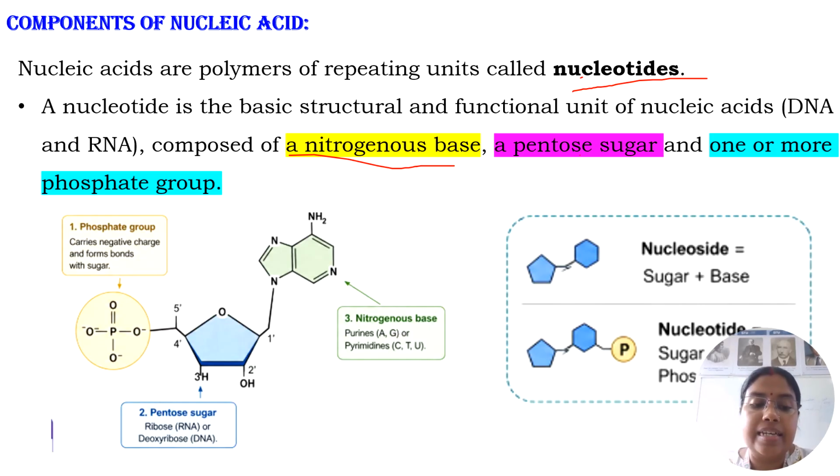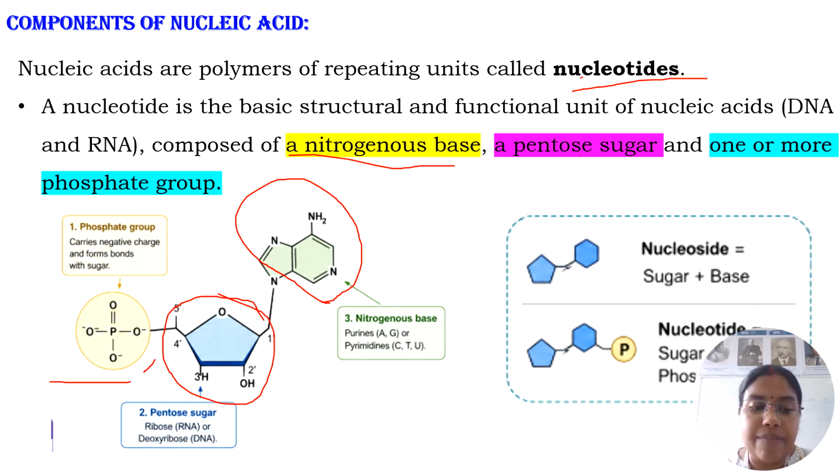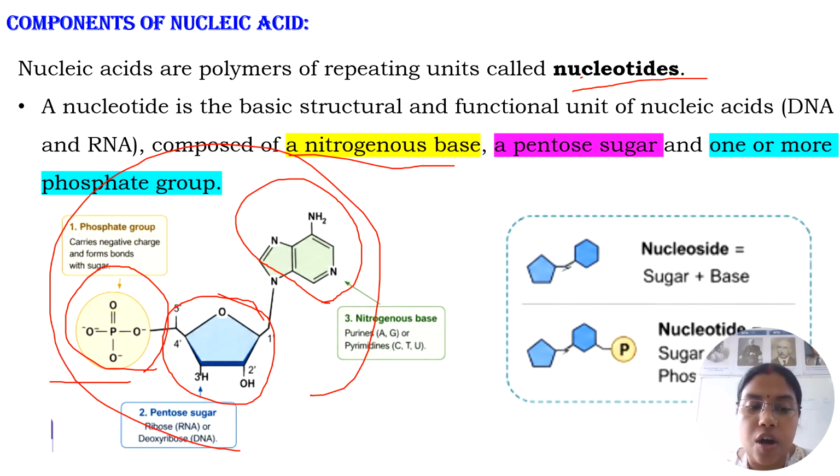We can say that it is the ribose sugar, and it is the nitrogenous base, whereas it is the phosphate group. So these 3 components should be there. Then the total sum we can call a nucleotide.